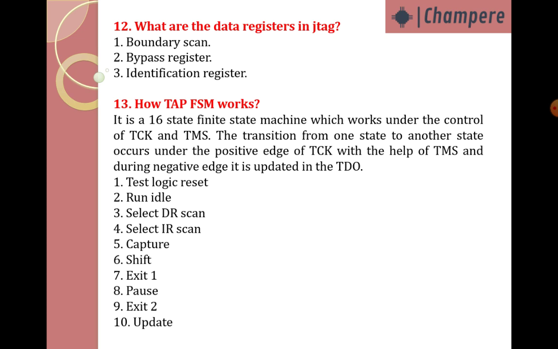These are the basic operations. It consists of the following states: test logic reset, run test idle, select DR scan, select IR scan, capture. DR means data register, IR means instruction register. Capture, shift, exit 1, pause, exit 2, update. So these are the different states of the FSM.